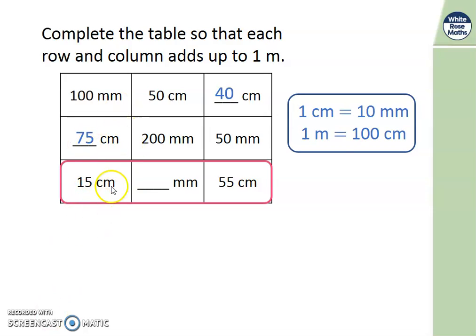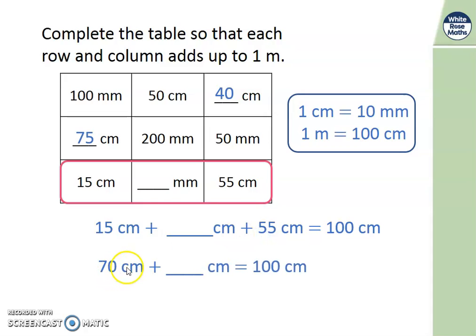I've got 15 centimetres, add 55 centimetres, and I want my final answer in millimetres. So I can add the 15 and the 55 together to make 70. 70 centimetres add what makes 100 centimetres? 30.